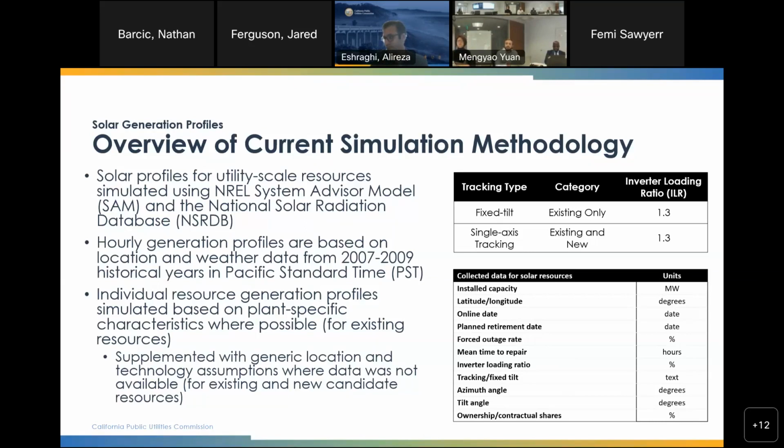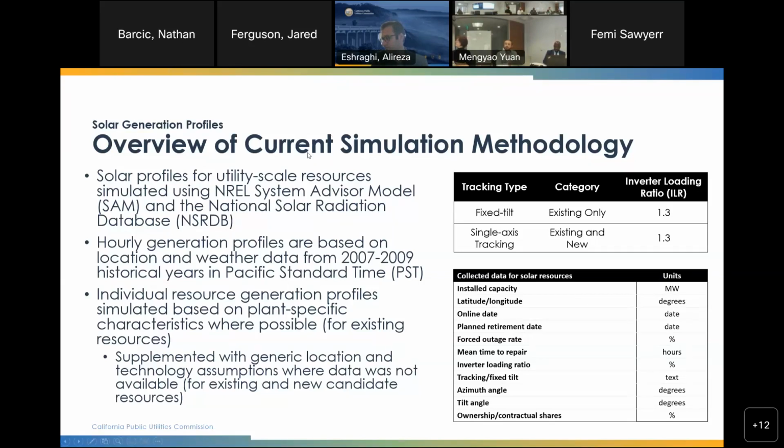That includes installed capacity, and that's important for existing resources. That will vary. For potential or candidate new resource assumptions, we create just a generic, normalized assumption, like 1 megawatt at all of the different locations that we sample at.